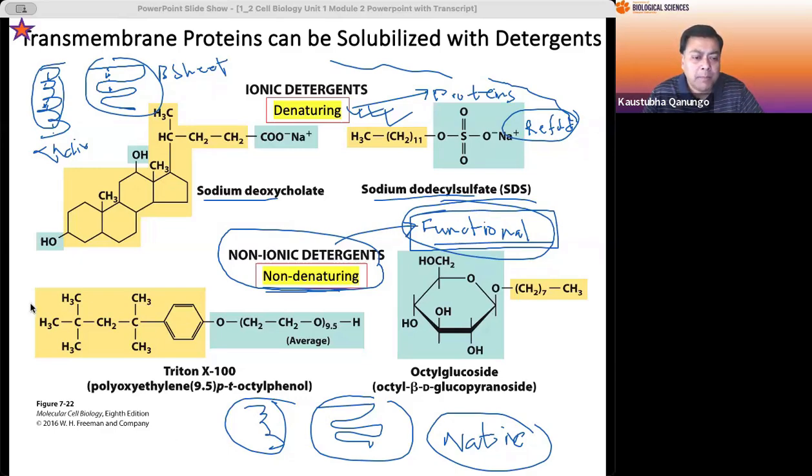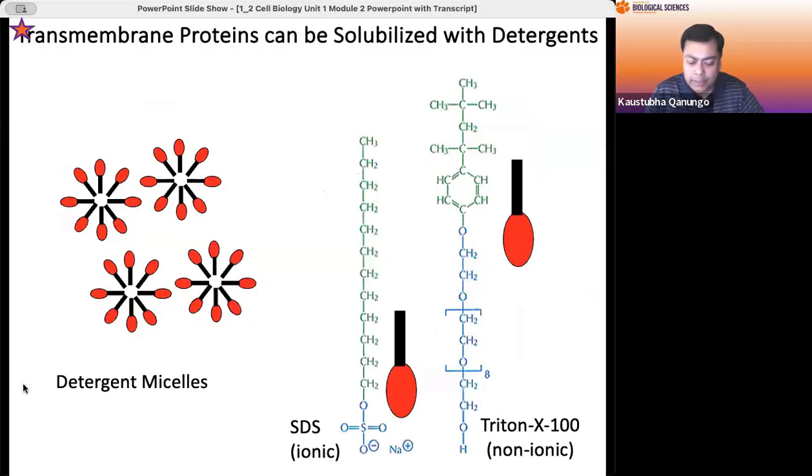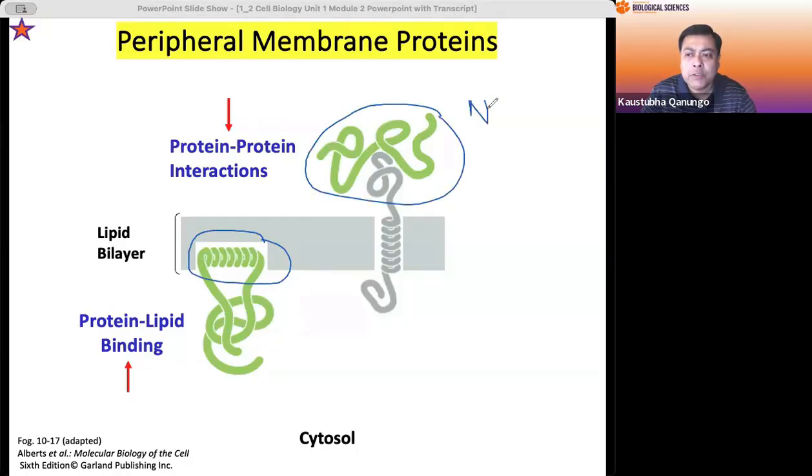So let's remember that. All right. After that, one thing is also important, so let me go back. This is actually important as well, something that I should have told. To remove the peripheral protein, just sodium chloride salt is more than enough to break the hydrogen bonds, and you can extract it.